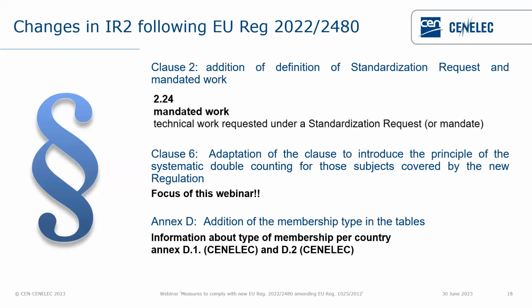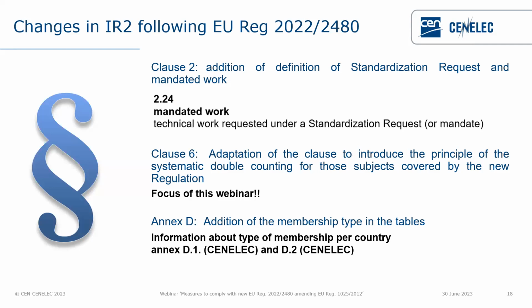So what are the main changes in the Internal Regulation Part 2 that have been introduced in order to address the new provision? First of all, a definition of standardization request and mandated work, where mandated work means technical work requested under a standardization request or mandate.